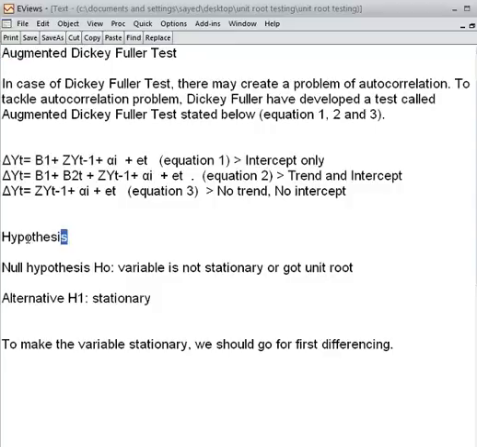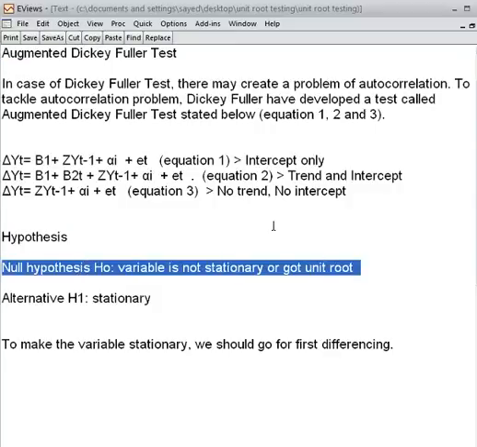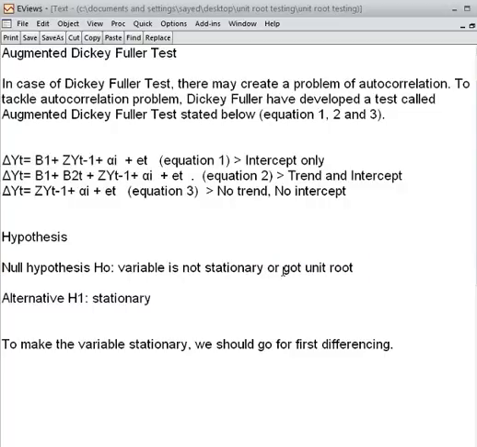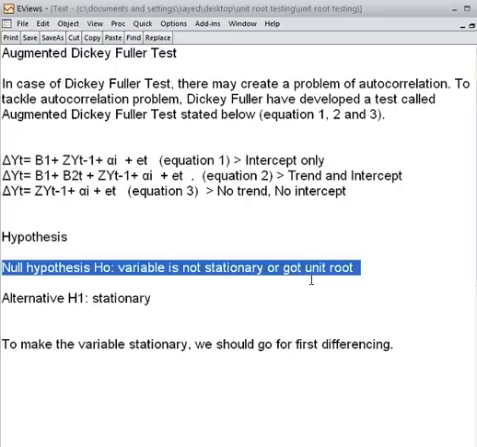Okay, and what is the hypothesis setting? What is the null hypothesis? The variable is not stationary or has a unit root. That is the null hypothesis. And what is the alternative? The variable is stationary. So that is null and alternative. And what happens when the p-value is less than 5%?